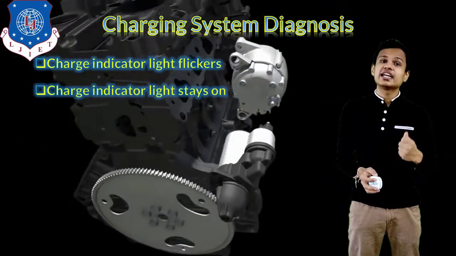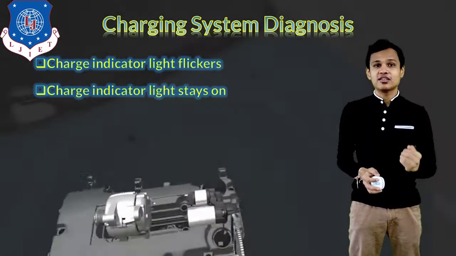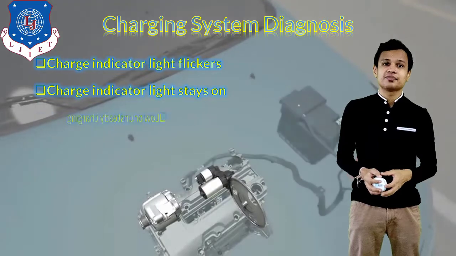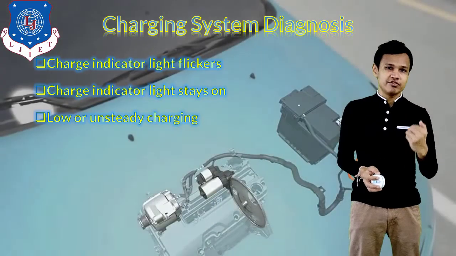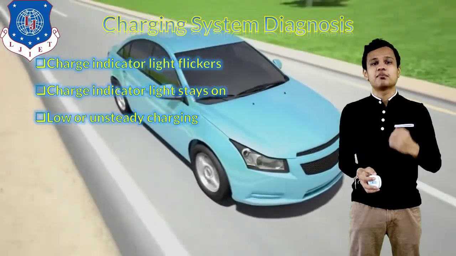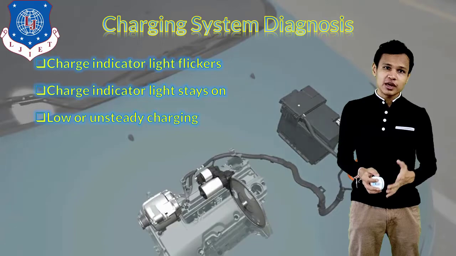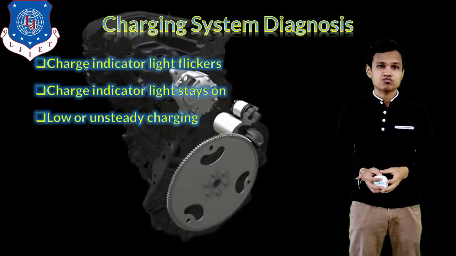If the charging indicator light stays on, that is also another case. If the charging is low or unsteady, which means the proper charging current is not reaching our battery, then there can be a problem in the alternator or in the regulator.